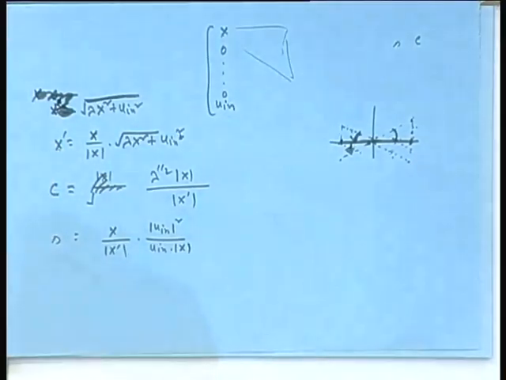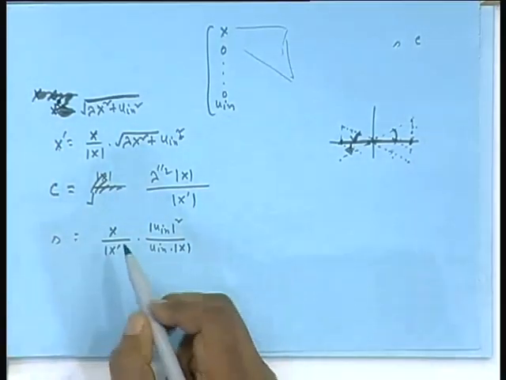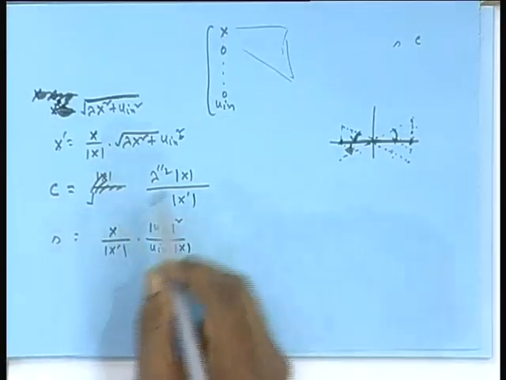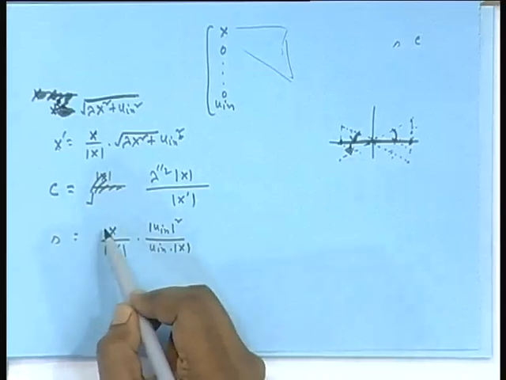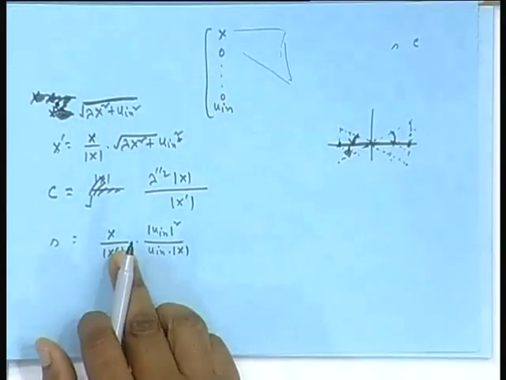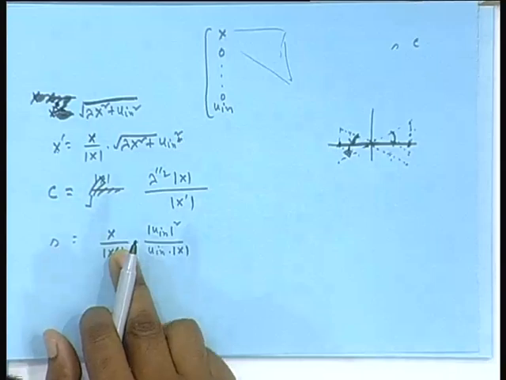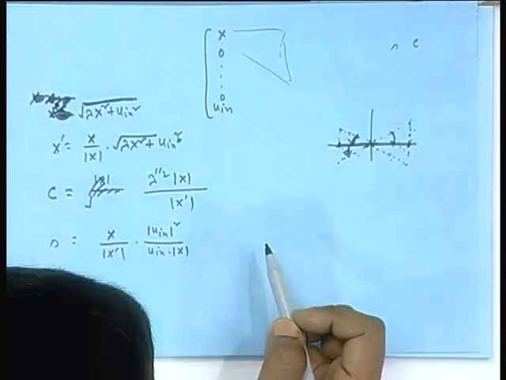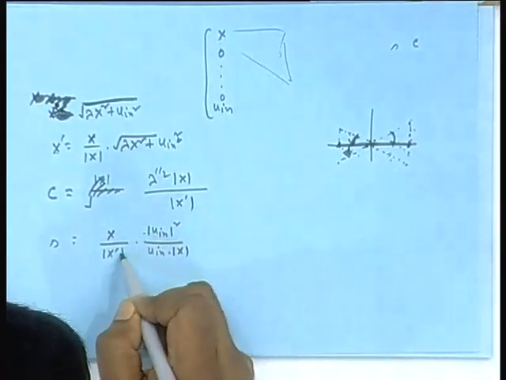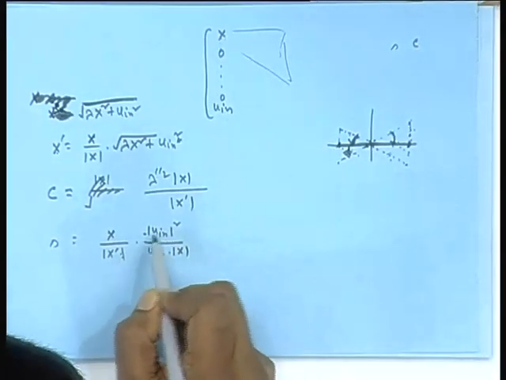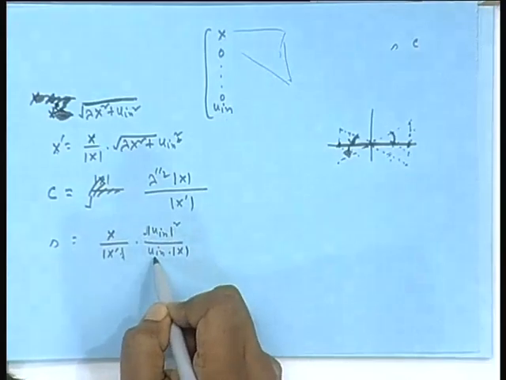Let us see. This is x by this, which means if x is in this direction, this is plus, in this direction minus, simply. Okay. And in fact, I should take this ratio, u in mod, let us consider mod u in square by this.